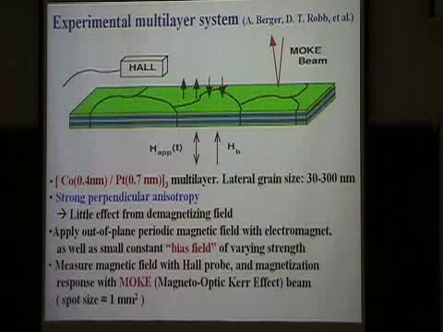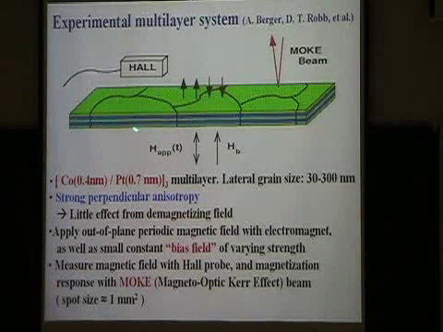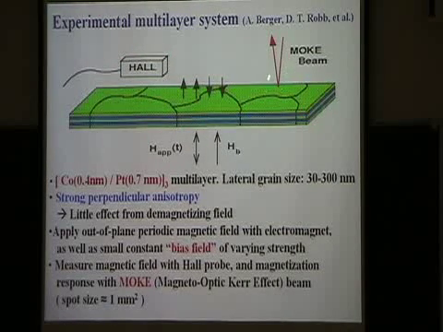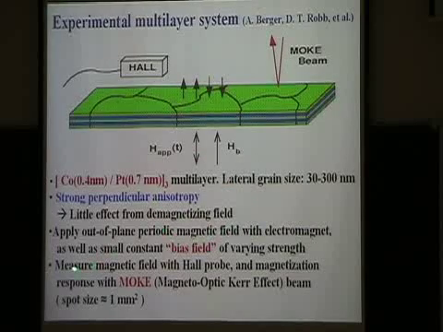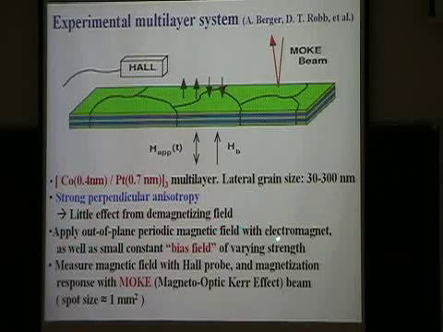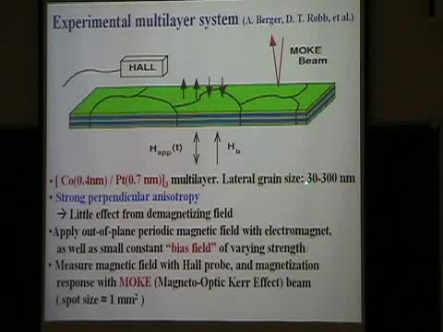Here's a sketch of the experimental system. We're using the magneto-optic Kerr effect to measure the local magnetization. There's little demagnetizing field. It's a very strong perpendicular anisotropy, with relatively large grains.